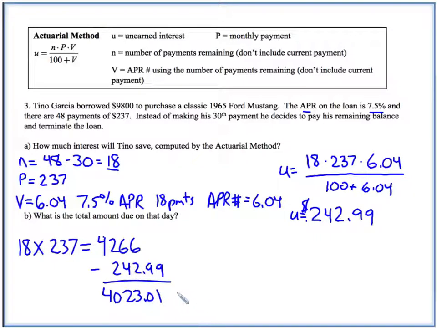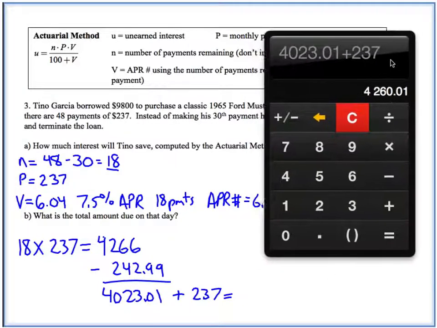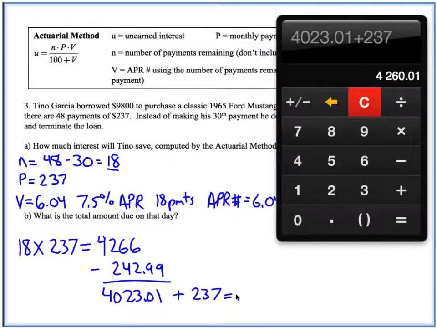But he also has to make his 30th payment. So the 30th payment is going to be $237 more, for a total of $4,260.01.